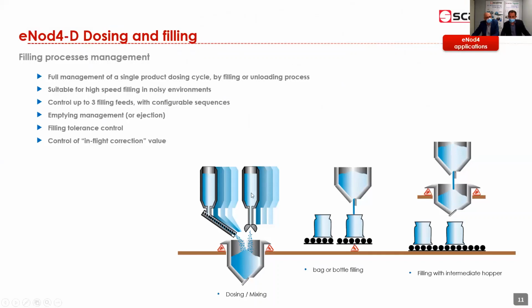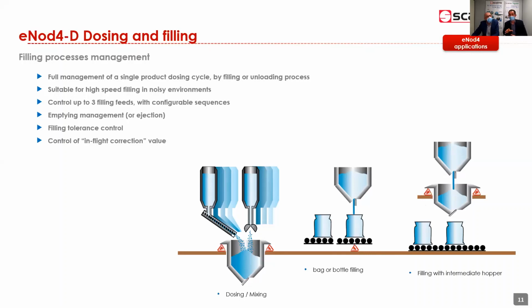So here we have an example of possible applications of the eNod4D controller. You can see from the picture dosing and mixing solutions, bag or bottle filling applications, but also filling applications with intermediate hoppers, as you can see here, which is mainly used for bag filling processes, for powder processing.